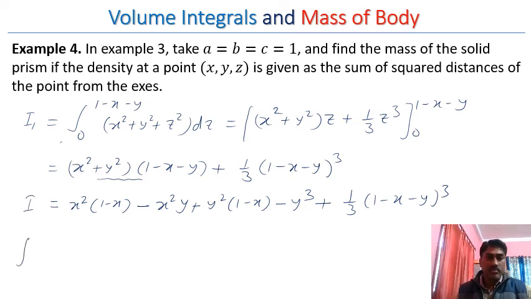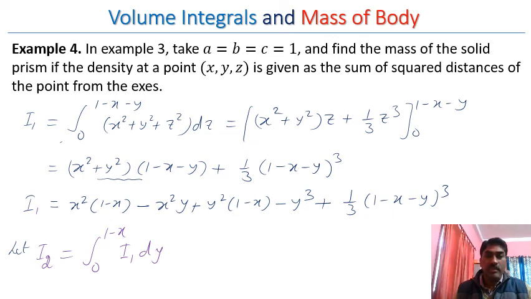So let I2 be equal to the integral from 0 to 1 minus x of I1 dy. This is the y integral. Now we will integrate this with respect to y, as we have seen in the integral.